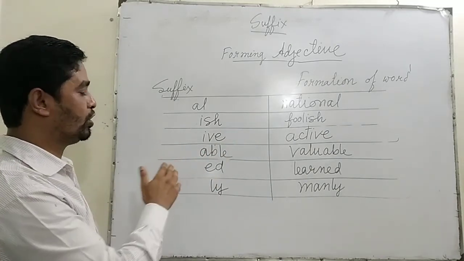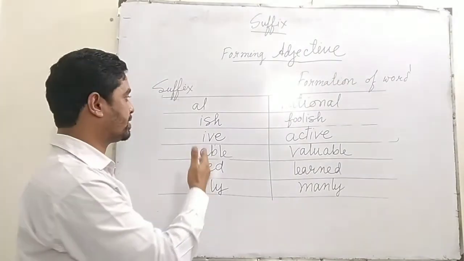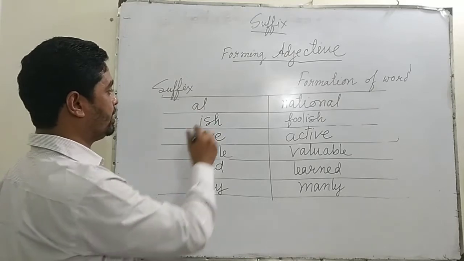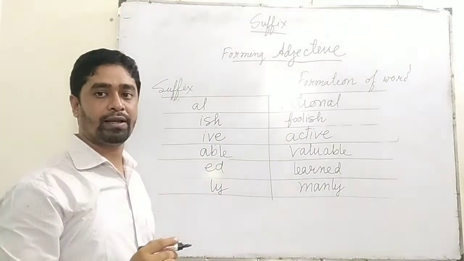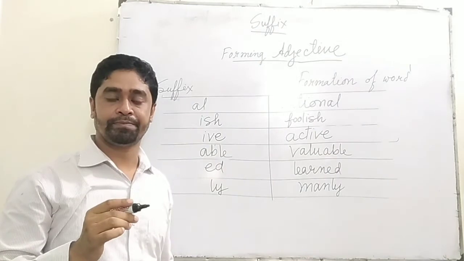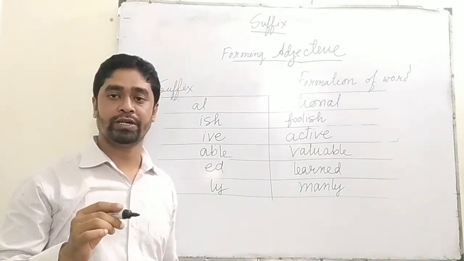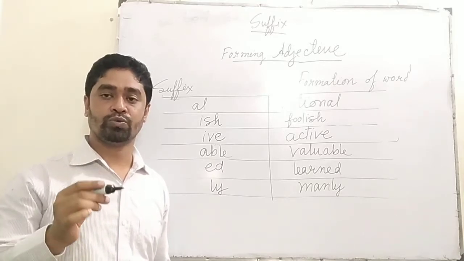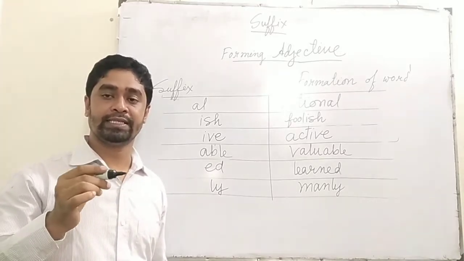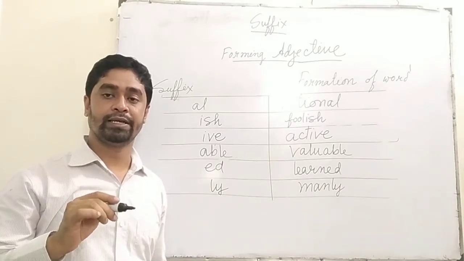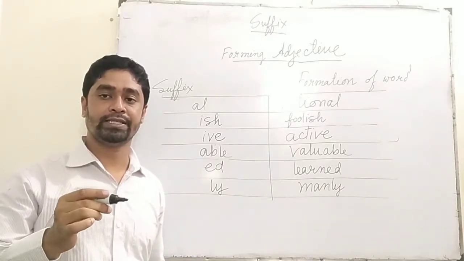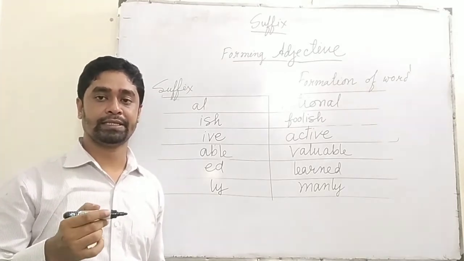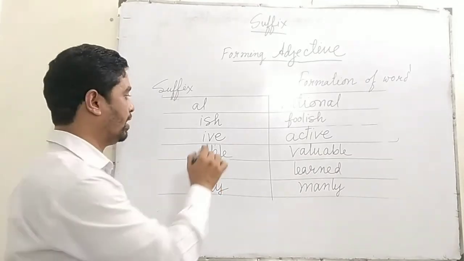In this chart we find some suffixes, like at first AL. It creates national. It is an adjective. In this word, nation is the base word. After this word, AL suffix is added, then it changes its part of speech and it makes an adjective, that is national.